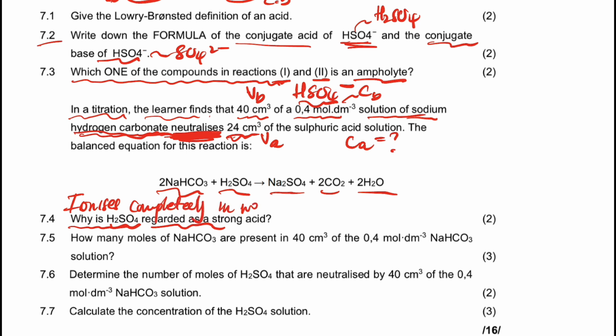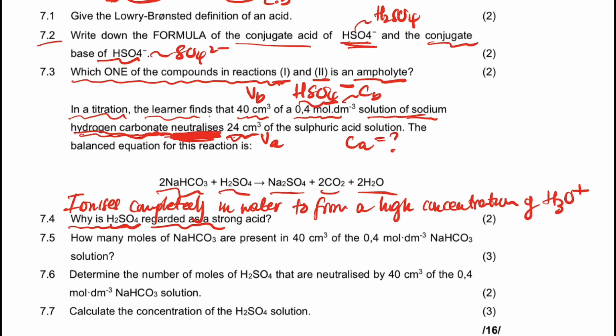It ionizes completely in water to produce a high concentration of what? Of hydronium ions, right? When it's a strong acid, it ionizes completely in water to form a high concentration. If it was a weak acid, it ionizes incompletely to form a low concentration of hydronium ions.